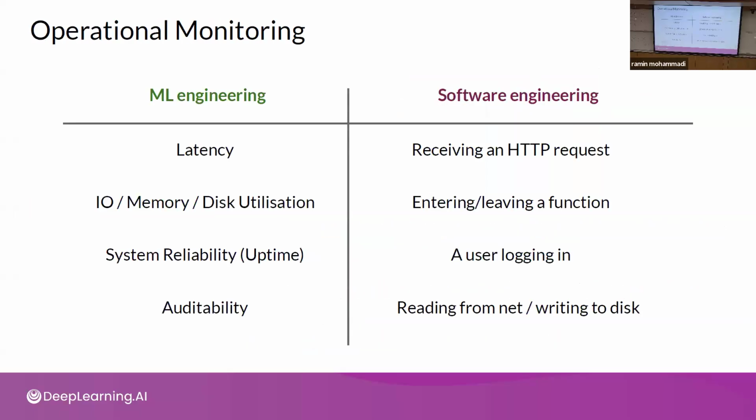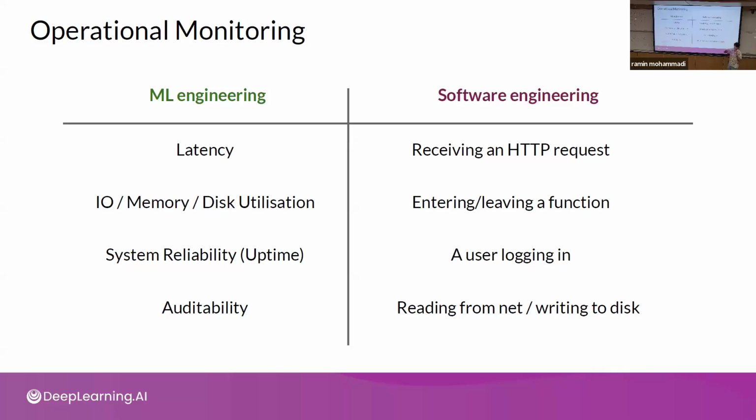Now, when it comes to ML engineering, what we monitor for is latency, memory, input, output, disk utilization, how often the system is up, auditability. That's from the ML engineering perspective. Then you also have basic software engineering things that you monitor for: the HTTP requests that you are receiving, entering or leaving a function, user logins, reading or writing from disk.